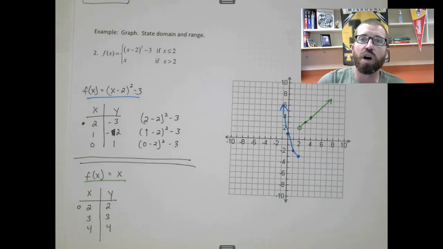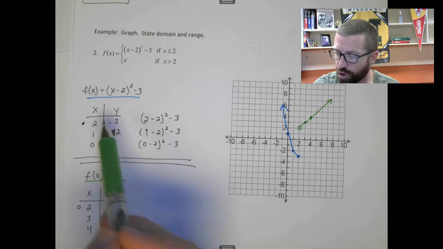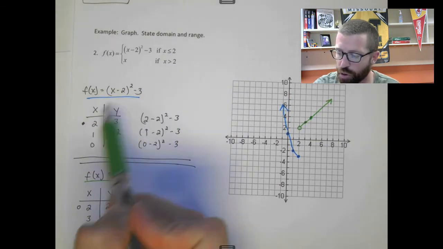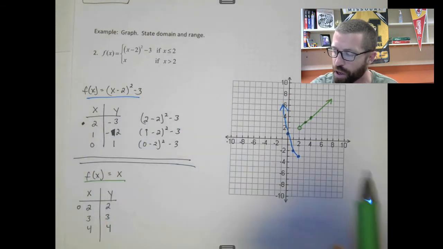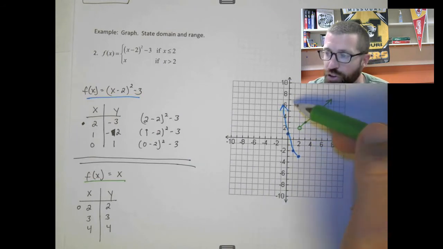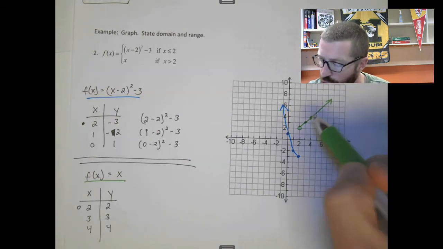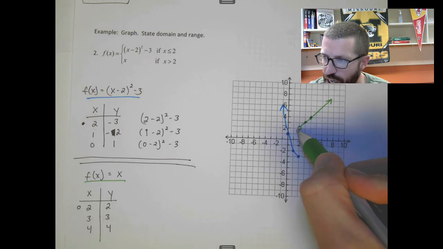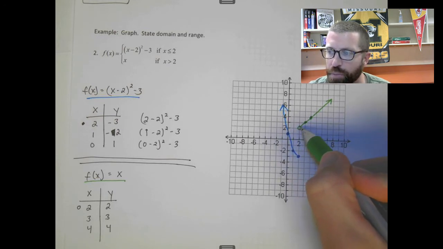So a couple things to watch for in terms of common errors. One is the open and closed circle, right? So make sure this is closed here because it's equal to, this one's open. Also, your function should pass the vertical line test. So you can't keep going with this line over this direction because then it would fail the vertical line test. Same thing here.